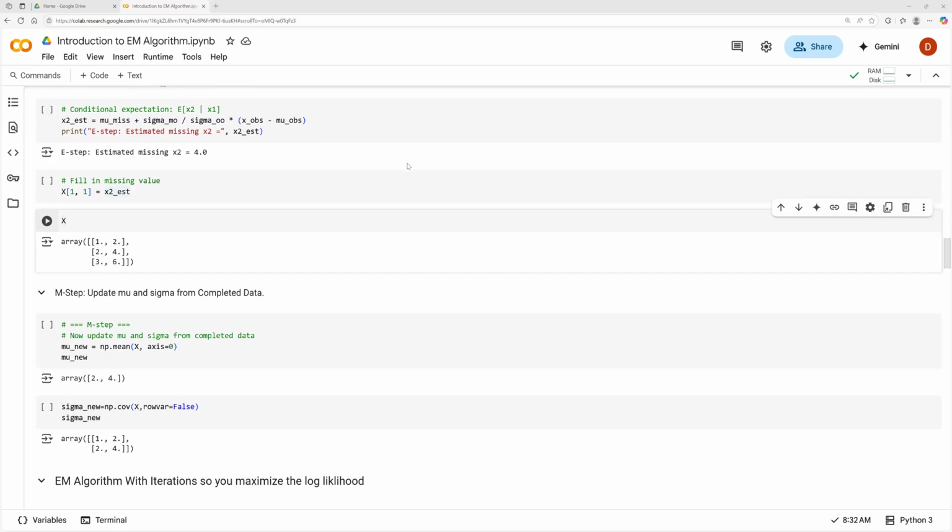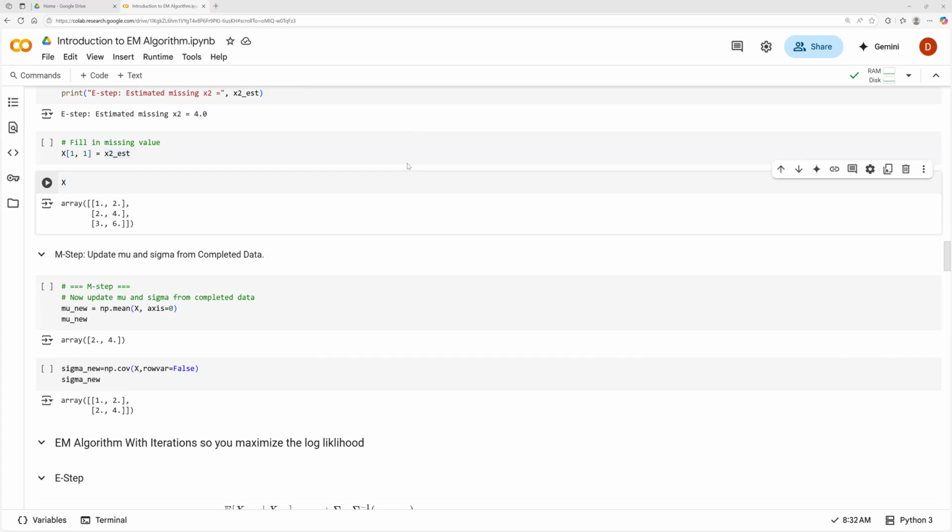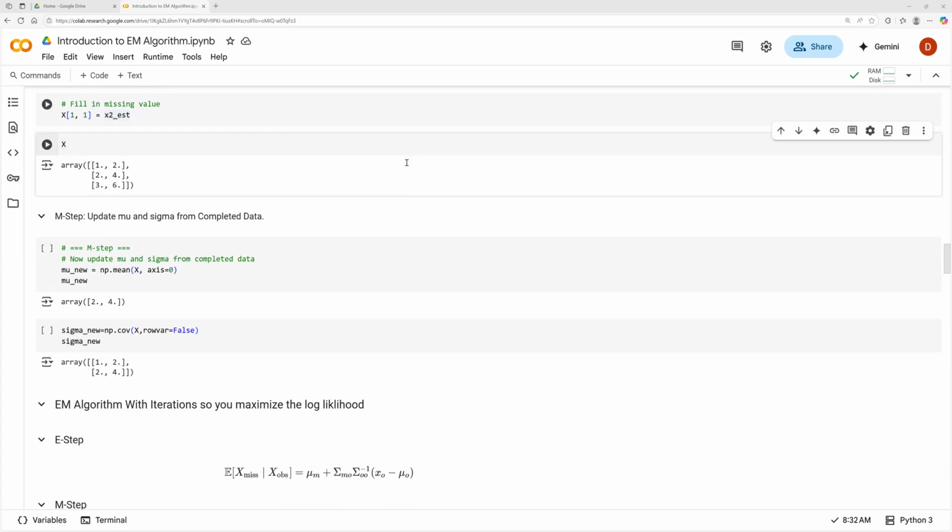Now we're going to move on to the M step. And remember, this is just one iteration. In the M step, we're going to update the mu and the sigma from the completed data. So we do np.mean of X with axis equal to 0, which takes the means of the columns.